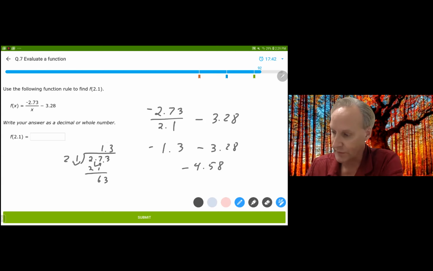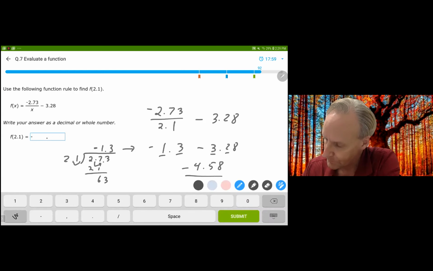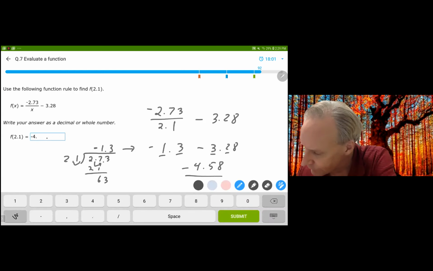The trick is to remember that the negative is still there, and there's your negative 1.3. And then you're going to subtract the 3.28, and we're just adding the digits in the ones and the tenths place, and you get negative 4.58. Looks good.